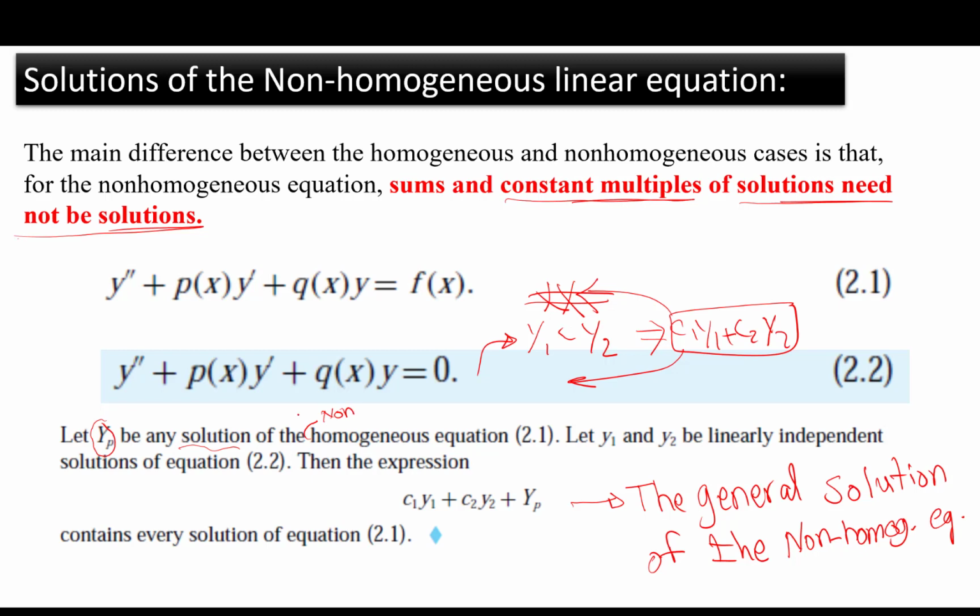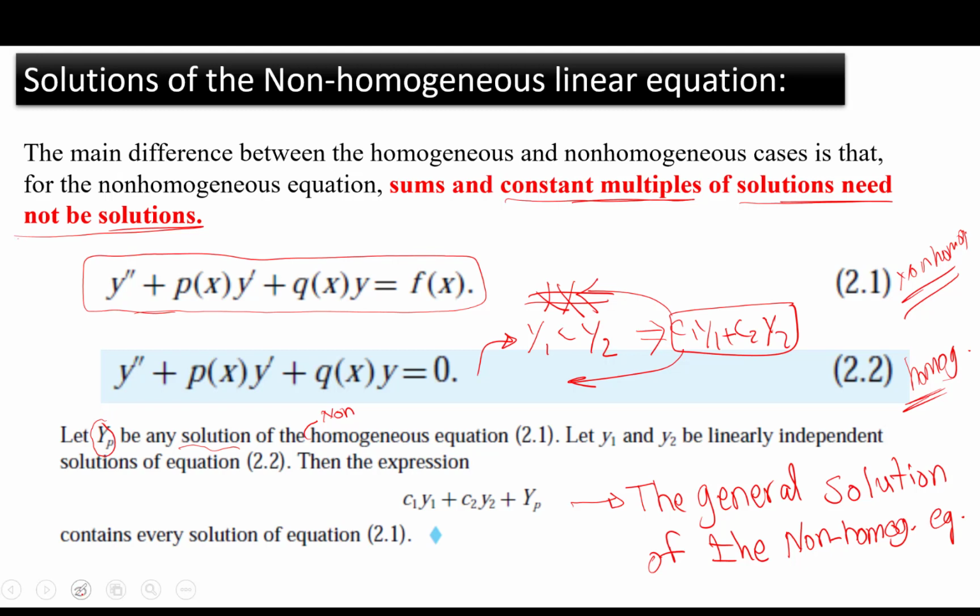This is the non-homogeneous equation, and this is the homogeneous one, so that you are not confused. We are going to find a way to obtain capital Yp, which is a particular solution of this equation.